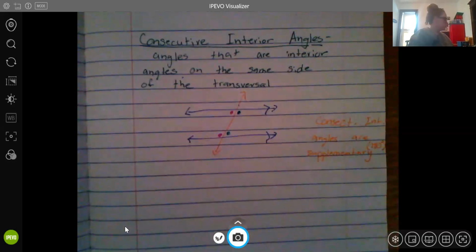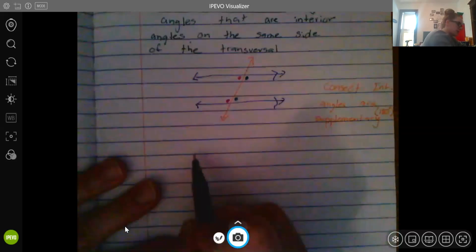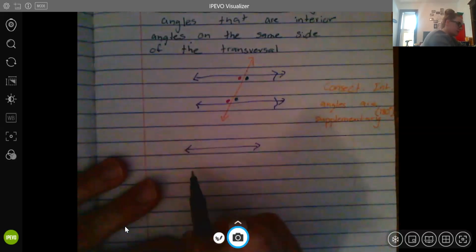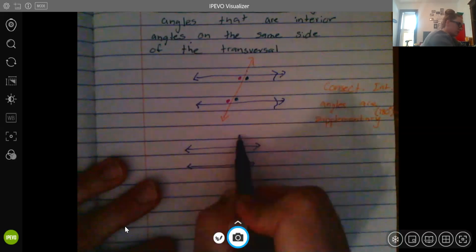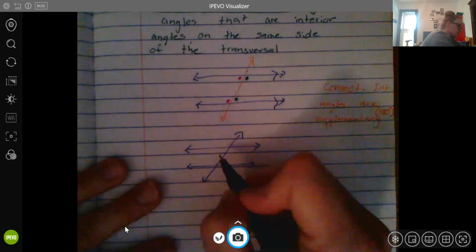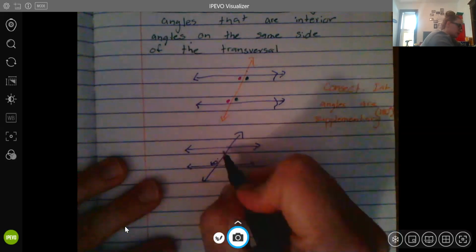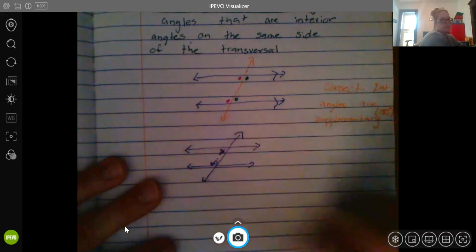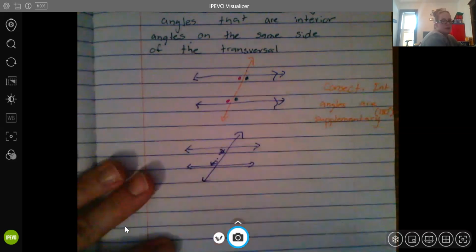So I'm going to show you an example. I'm just going to draw out a quick example here for consecutive interior angles. And I'm throwing in a transversal. Okay. And so this angle is 60 degrees and this angle is 3x. So these are supplementary, which means they add up to 180.